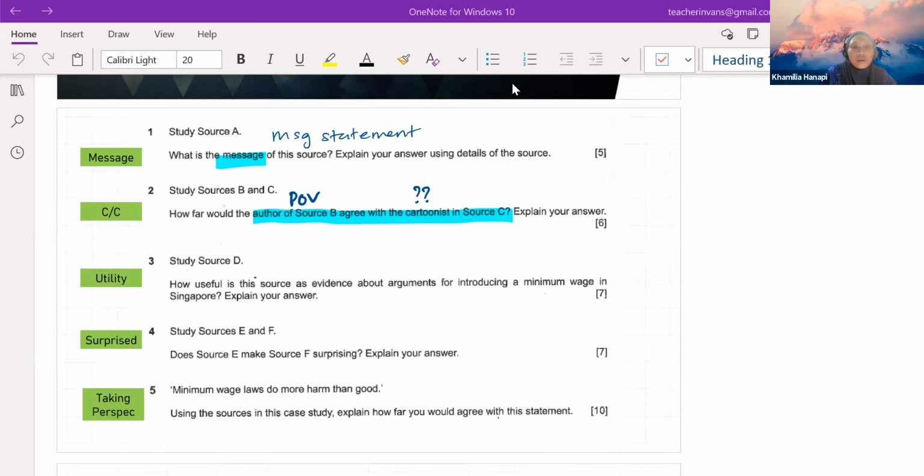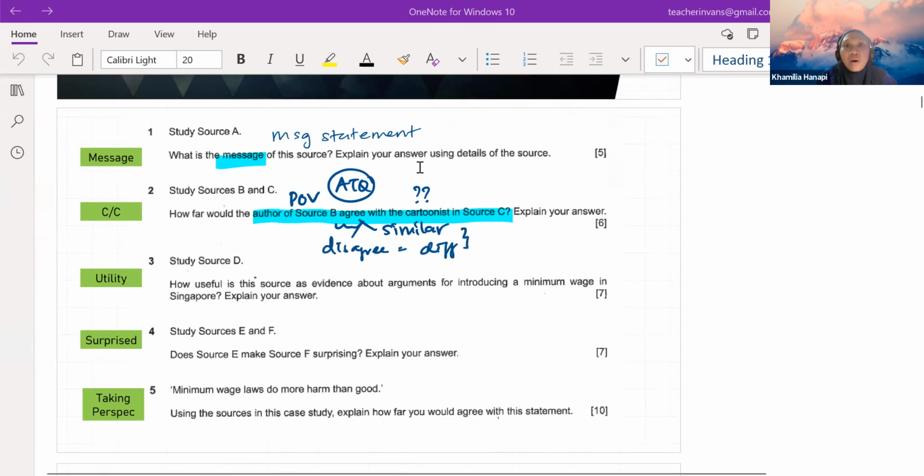Now the other aspect is, of course, when you talk about agree, you must answer the question. Even though we acknowledge that agree actually means similar, and disagree actually means different, never answer this way. They never ask you about similarity, or specifically about difference.